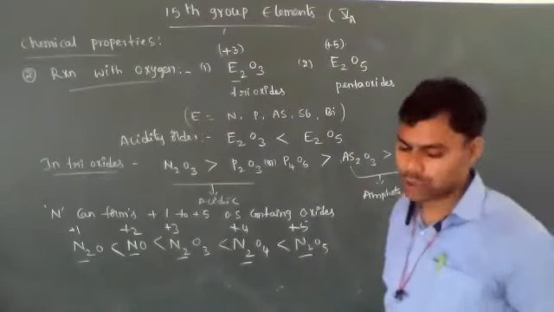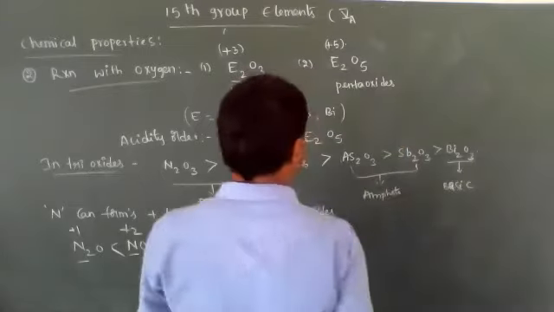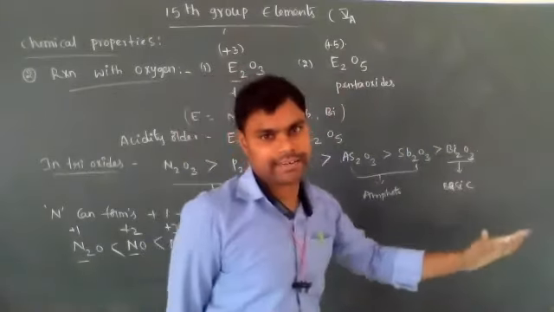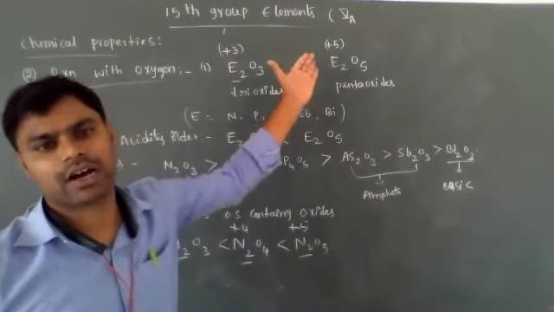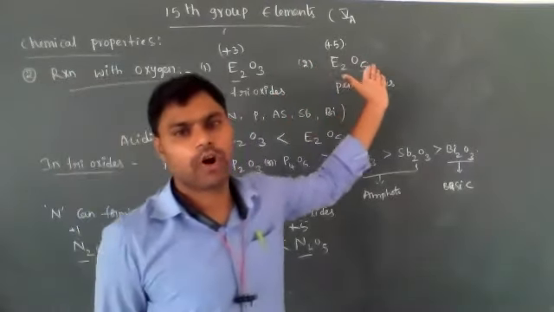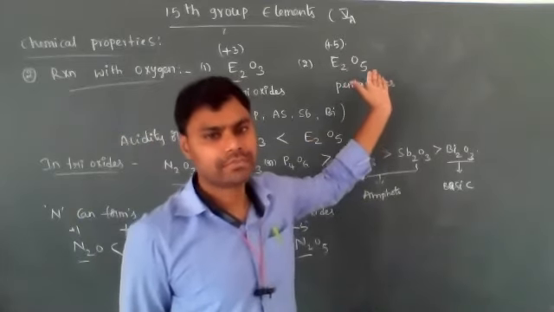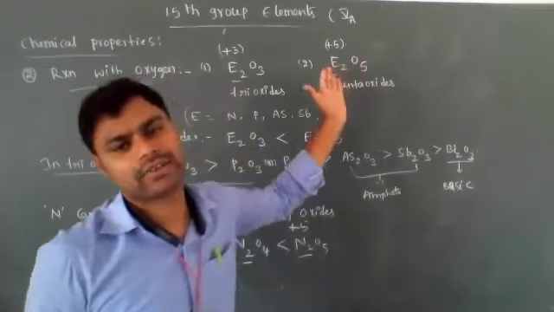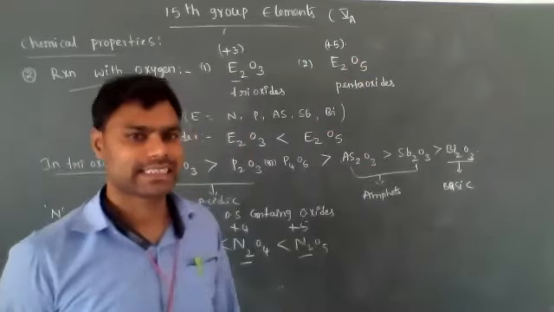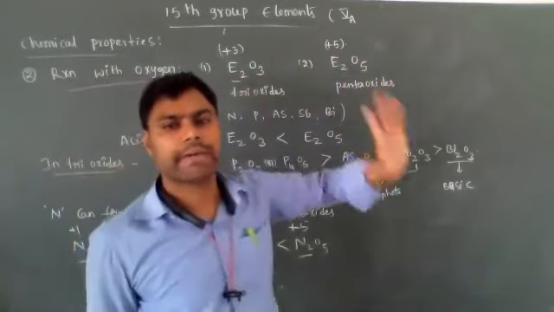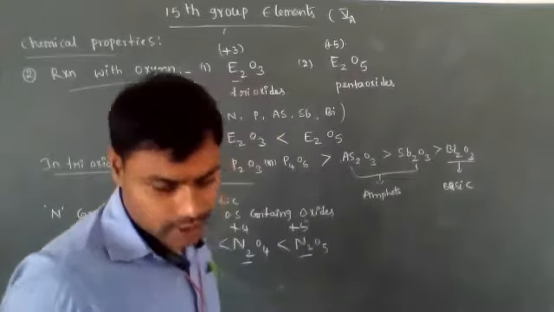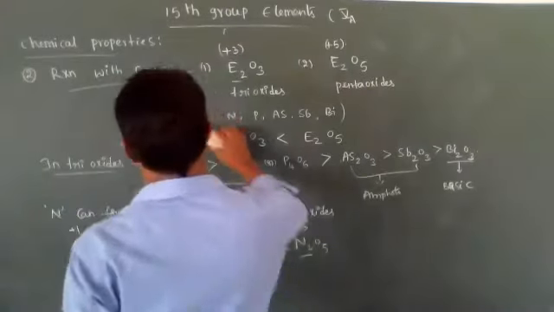Let's see nitrogen pentoxide. Nitrogen pentoxide has more covalent character when compared to nitrogen dioxide, because as oxidation state increases, the polarizing power increases, then covalent character increases. And in stability, trioxides are more stable than pentoxides.